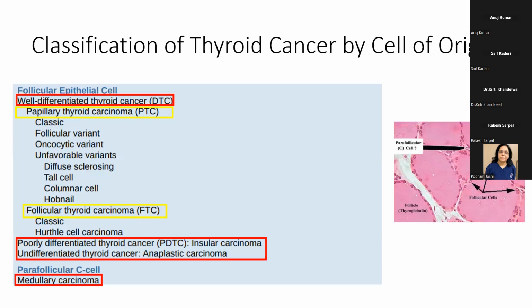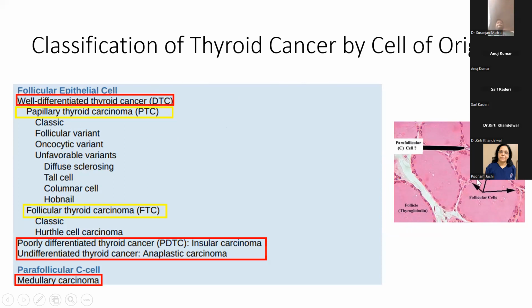So after this, we come to the classification of thyroid cancer. This representation is taken from Perez textbook of radiation oncology. And we have the thyroid cancers which are divided as per their cell of origin. So here we can see the thyroid is made up of thyroid follicles, which is the structural and functional unit of the thyroid gland.